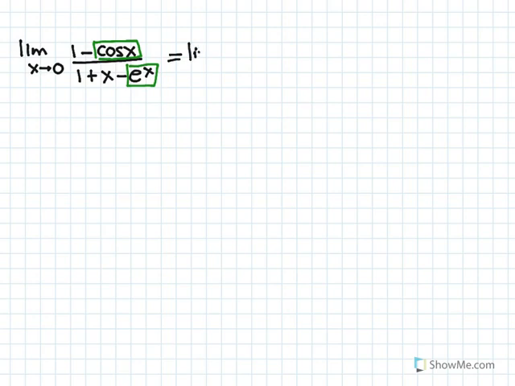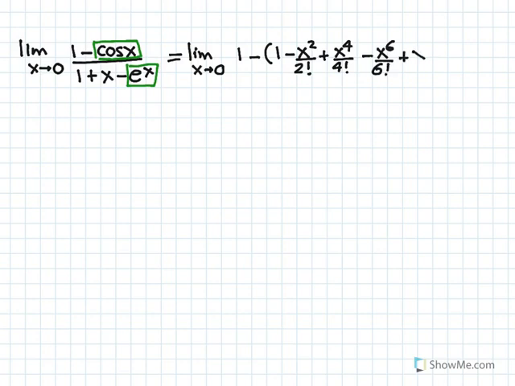So we get the limit as x approaches 0 of 1 minus the Maclaurin series of cosine x, which is 1 minus x squared divided by 2 factorial plus x to the power of 4 divided by 4 factorial minus x to the power of 6 divided by 6 factorial plus x to the power of 8 divided by 8 factorial, and so on.